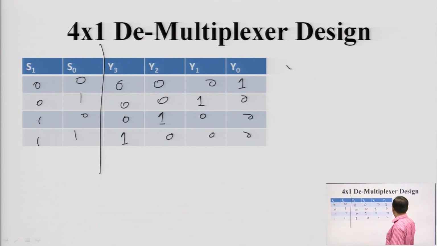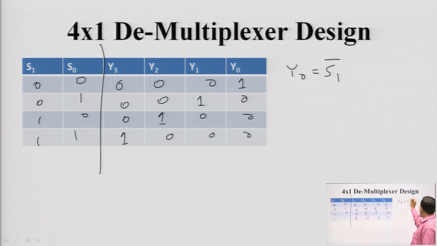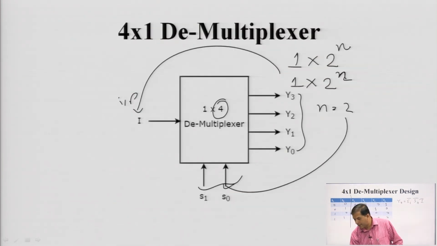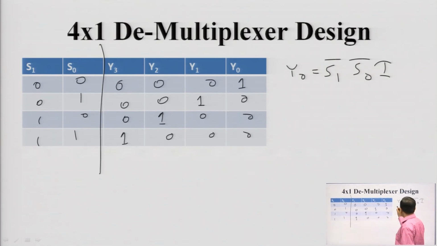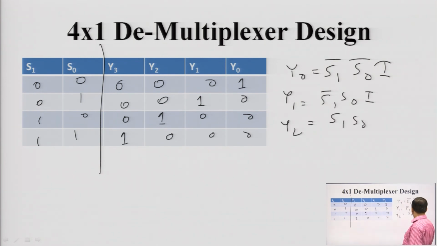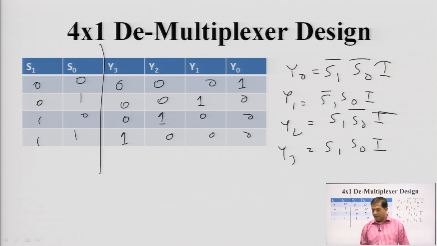So, y naught will be for this one: S 1 bar, S naught bar and I, because the input is I. We are having input as I. So, the input combination will be for I. Then y 1 will be S 1 bar S naught I, y 2 will be S 1 S naught bar I, and y 3 will be S 1 S naught I. Okay. So, this is the thing.